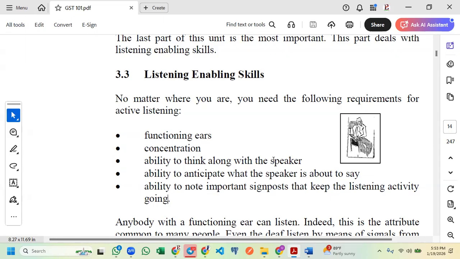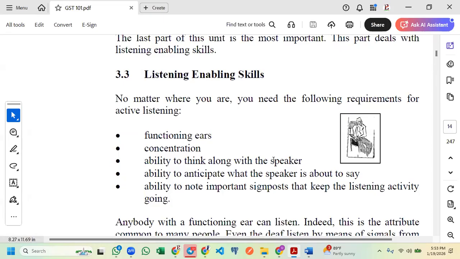Then the last listening enabling skill is ability to note important signposts that keep the listening activity going. We have signposts like firstly, most importantly, furthermore, however, perhaps, in other words, a continuation, beforehand, and so on and so forth. All those connecting devices are important signposts when someone is speaking.